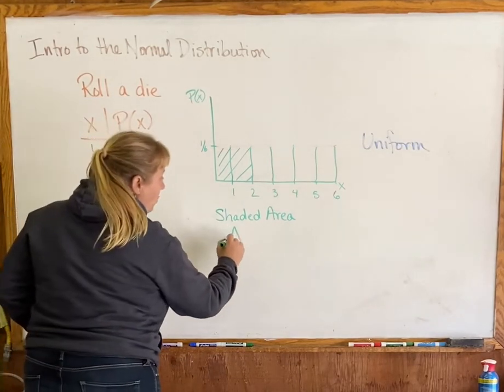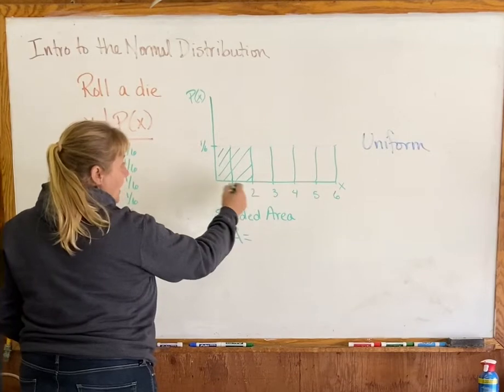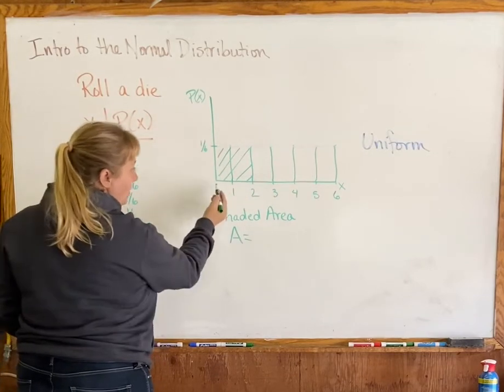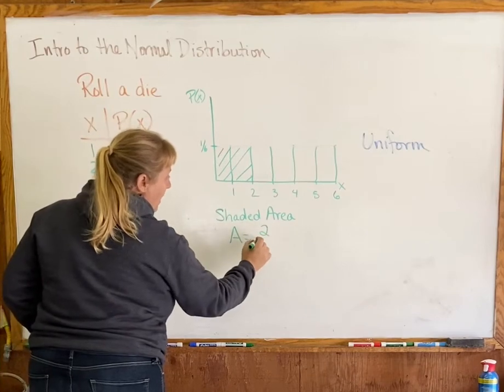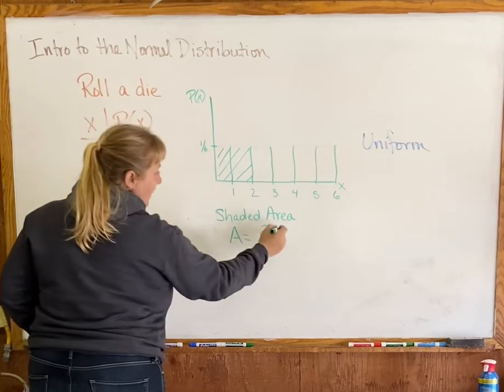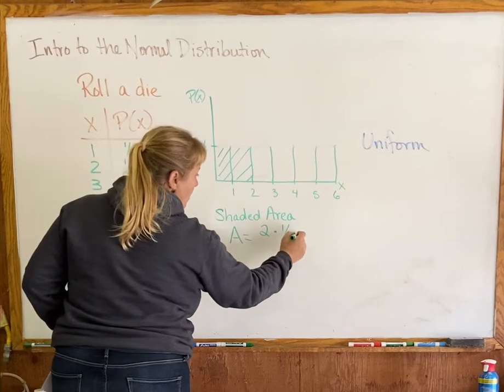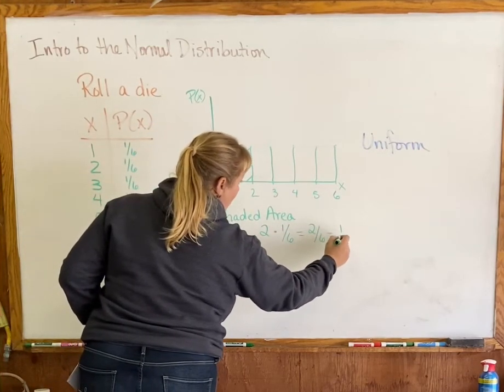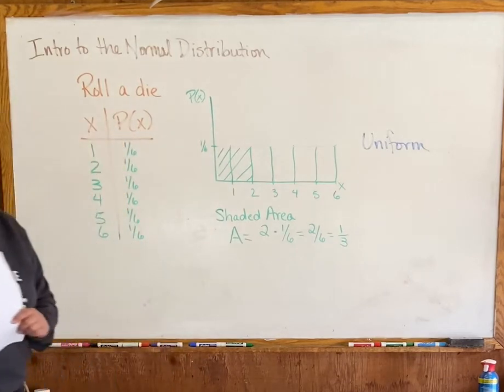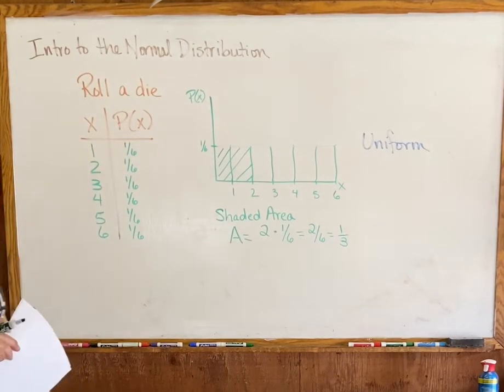The area would equal the length of the rectangle times the width of the rectangle. It looks like we've gone 2 units over, and then we've gone 1/6 up, which means the area would be 2/6, or 1/3 if we reduce.